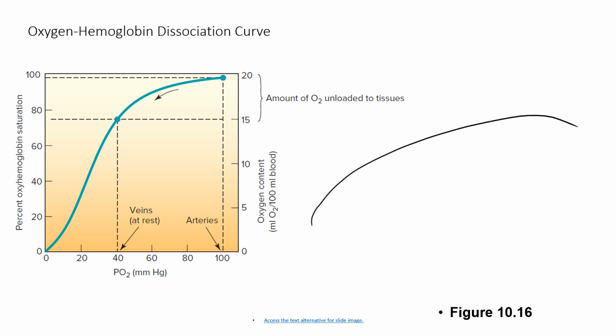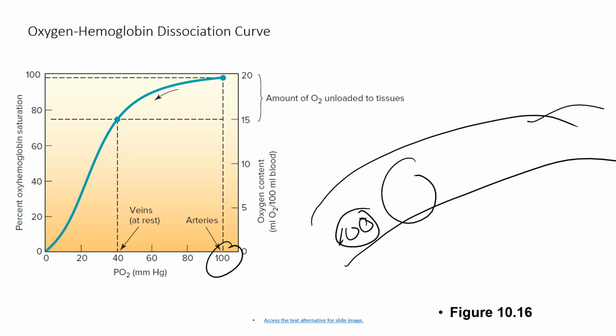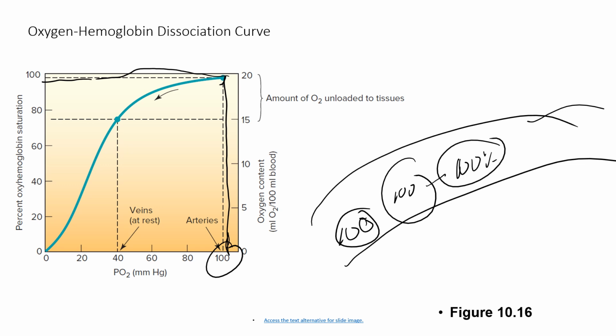So, what does oxygenated blood look like? The partial pressure of oxygen within the blood plasma and intracellular fluid of the red blood cell is 100. And thus hemoglobin within the red blood cell is very close to 100% saturated with oxygen.